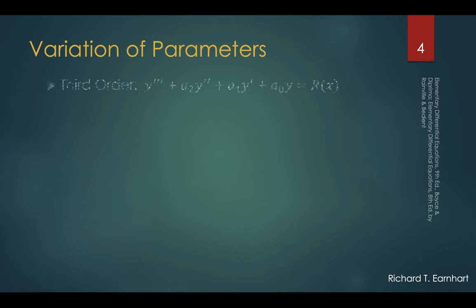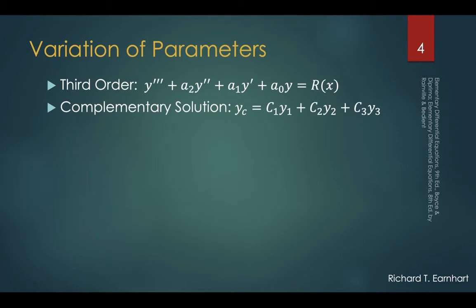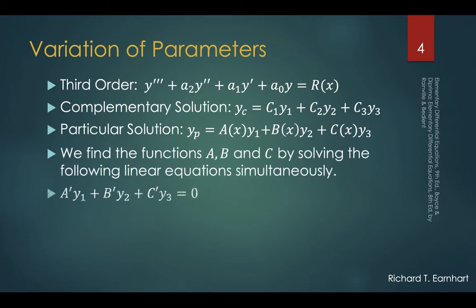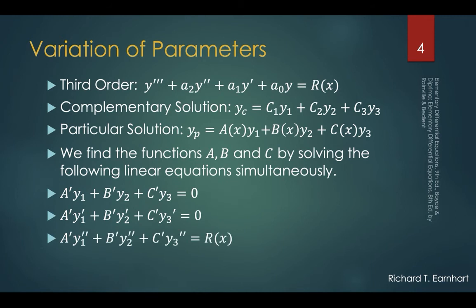The same is true when you have a third order differential equation. The complementary solution will contain three linearly independent functions. So we will use y1, y2, y3 for our particular solution, but we have to multiply by unknown functions a of x, b of x, and c of x. For our auxiliary equations, we have three linear equations.